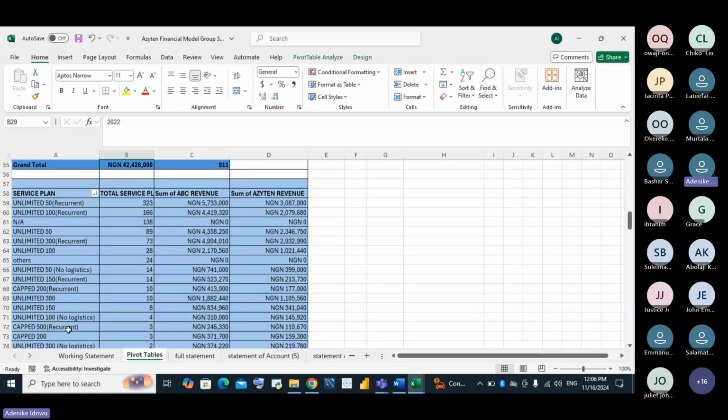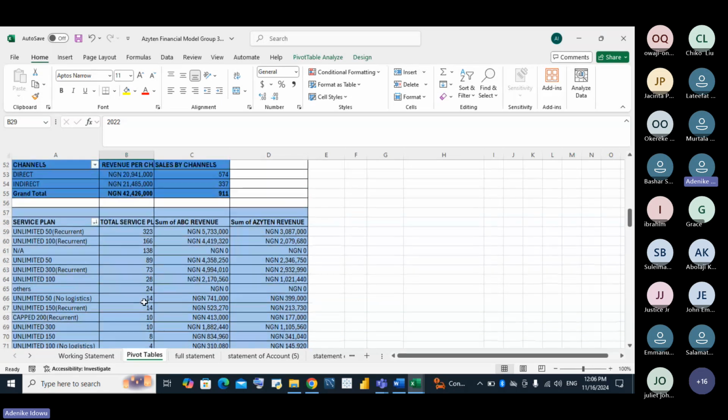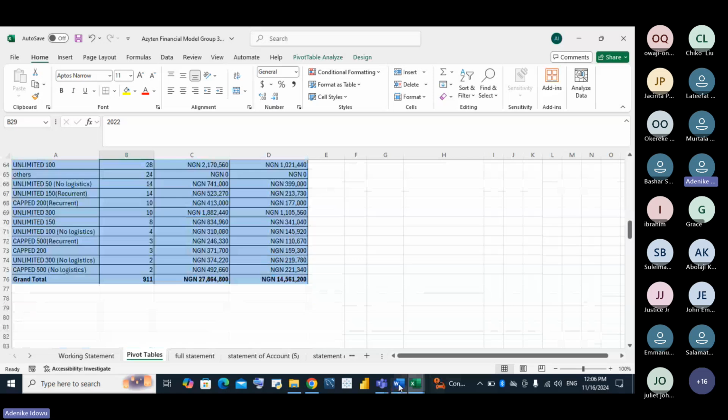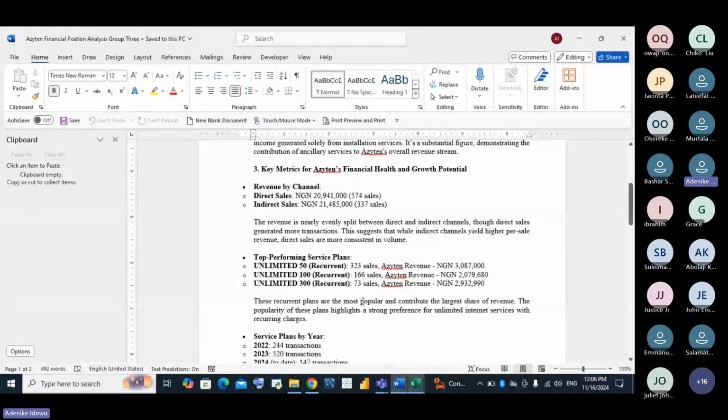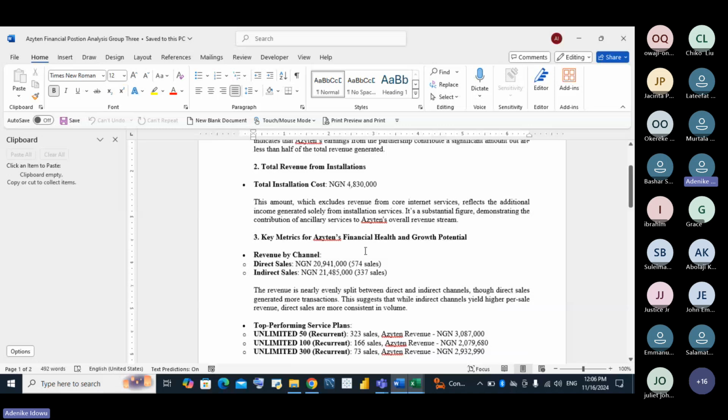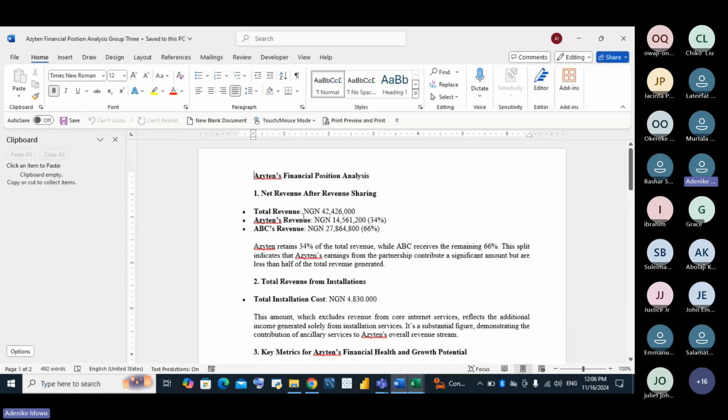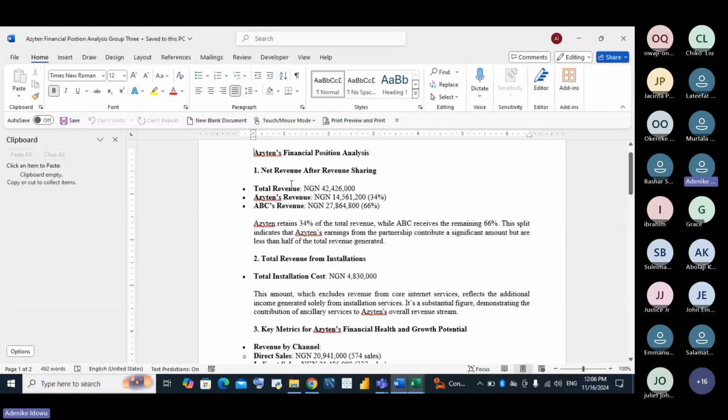So we now have the financial position summary. This is the summary. I don't know if you can all see it. So we came to the net revenue after revenue sharing. We focus on the Azyten financial position as given in the question. So the total revenue is 42 million. Azyten revenue is 14 million, which is 34%.